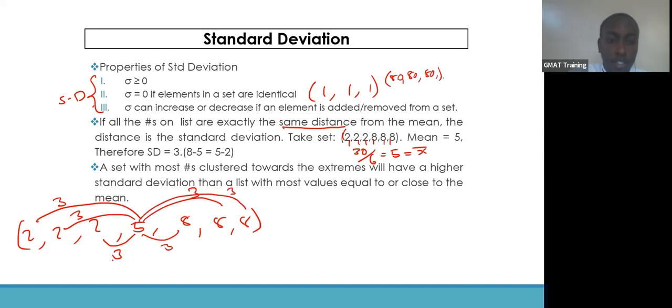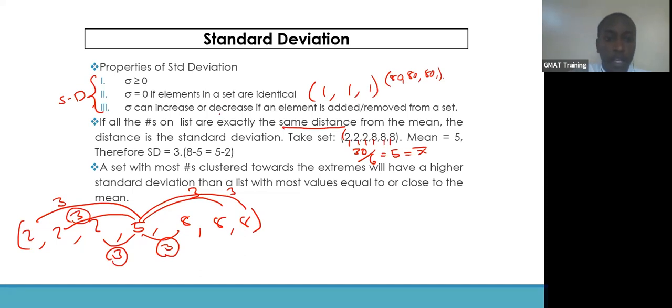And therefore, this distance 3 from every element in the list is what we take as the standard deviation. As quick as that, you don't have to do the calculation. And by doing the calculation, you'll see this. This is a number sense that some test takers developed from doing a lot of practice on these standard deviation questions, and this is what they came up with.